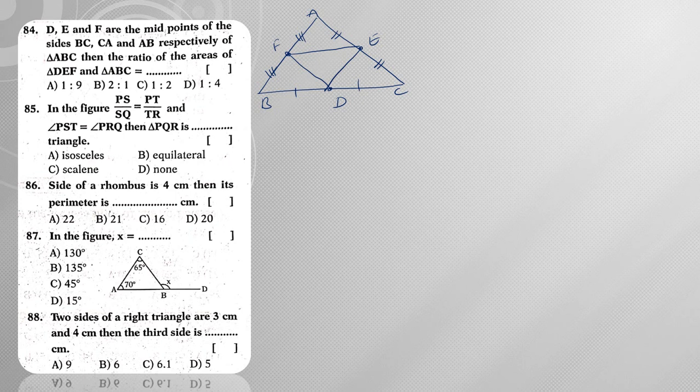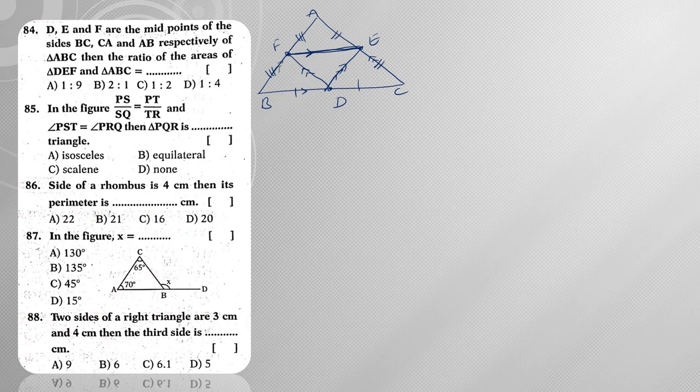All these four triangles will be congruent. So let's see how. When you join the midpoints, this line will be parallel to side BC, right? The same way the remaining ones also, correspondingly, by using midpoint theorems. So this side is parallel to side AC and this side is parallel to side AB.